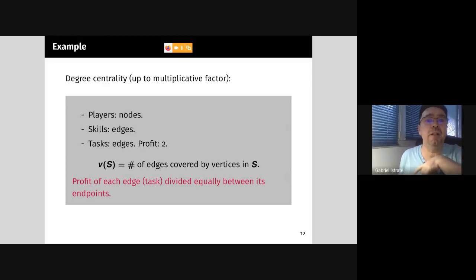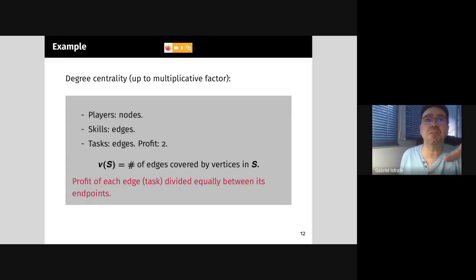And if I am one of the two vertices on an edge, I have that edge skill. Tasks are also the edges, and they bring profit of 2. Okay? So now when is a coalition able to perform a task? When it contains at least one of the two endpoints of the edge. So it's the number of edges that are covered by vertices in S.